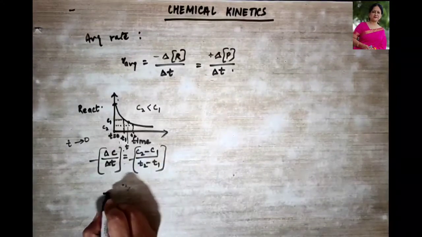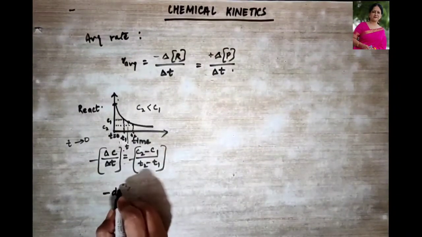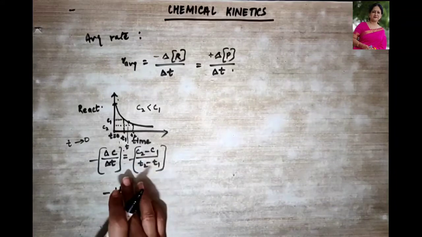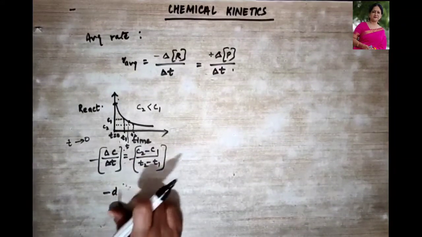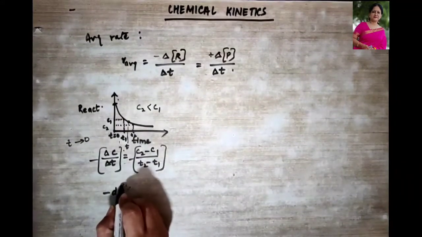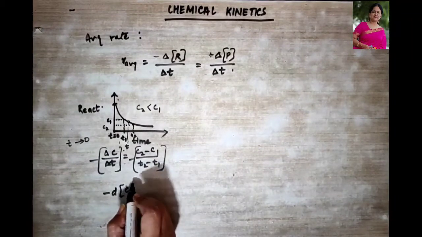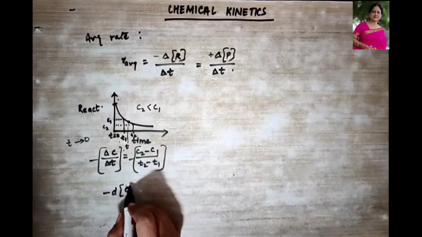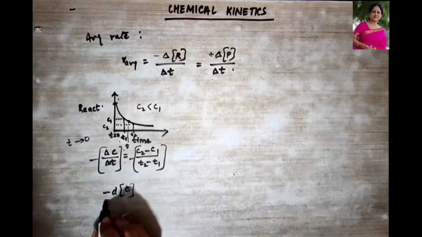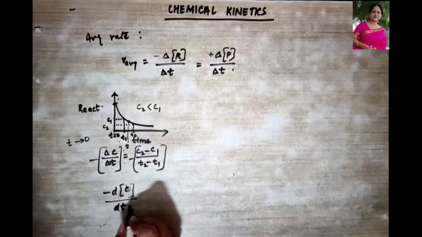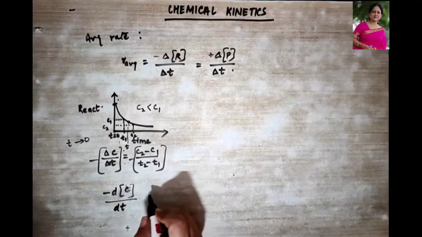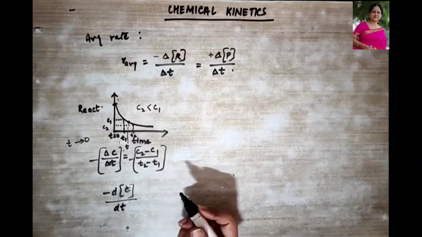It will be expressed with minus dC, that is the concentration of the reactant over here, upon dt, right? Or it could be written for the product.